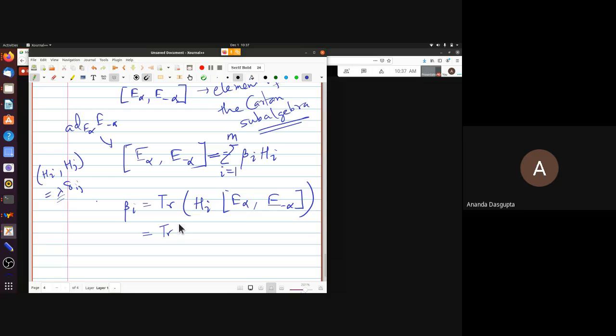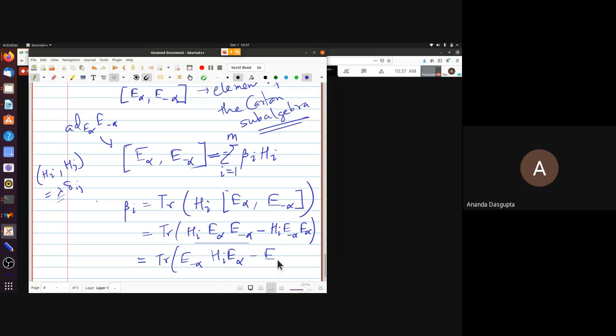Okay, let's just check how straightforward this is. We just open this out. You get H_i E_minus alpha E_alpha. So I can write this second line as E_minus alpha H_i E_alpha, right? I can do that, cyclicity of trace.